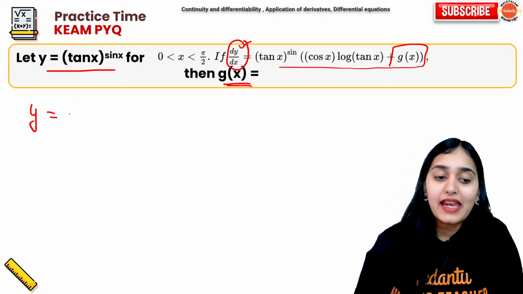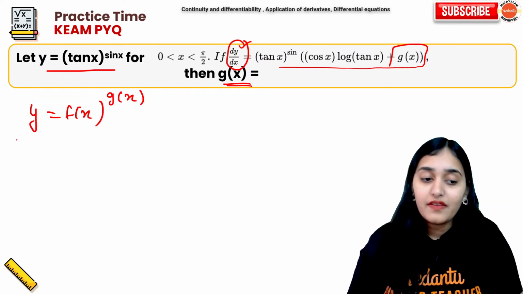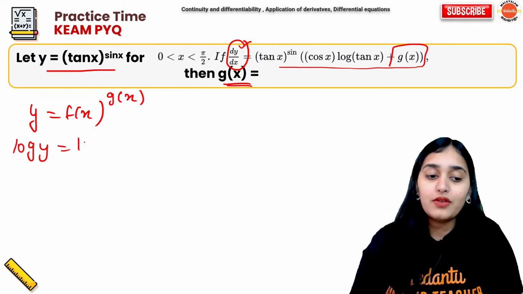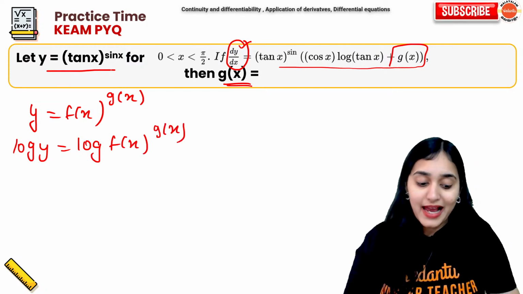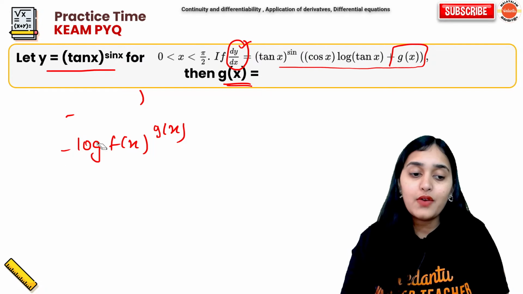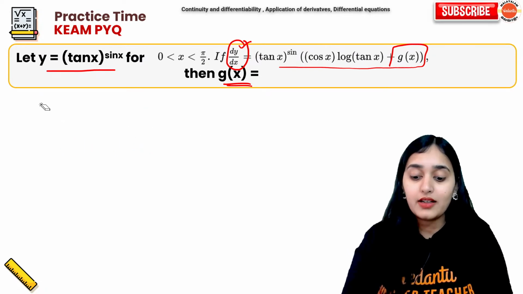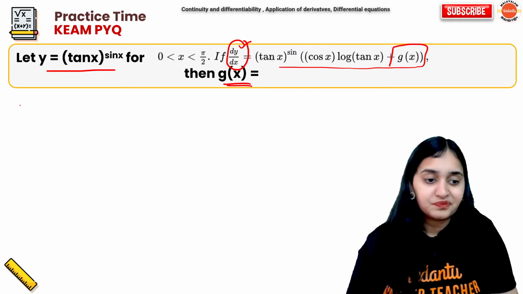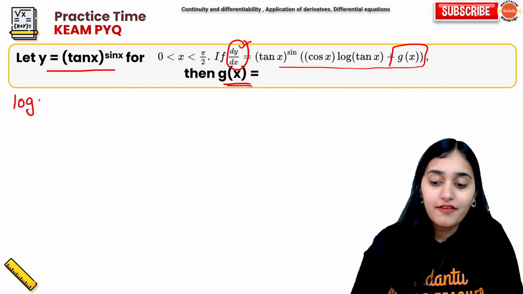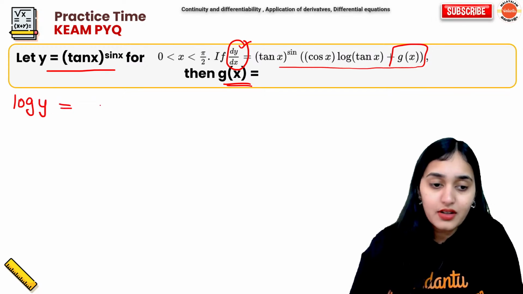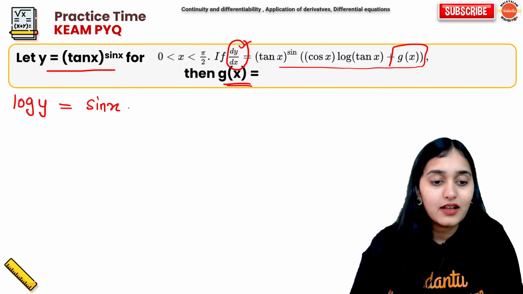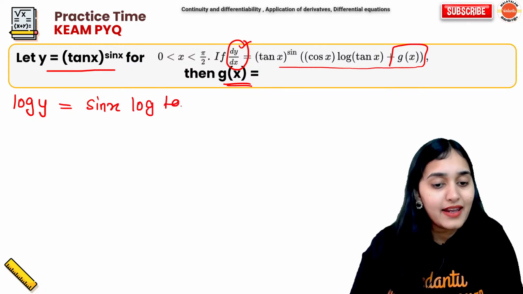Whenever y is f(x) to the power of g(x), we do log y is equal to log of f(x) to the power g(x). So we apply log on both the sides. Let's check. So it will be log of y is equal to sin x log of tan x.